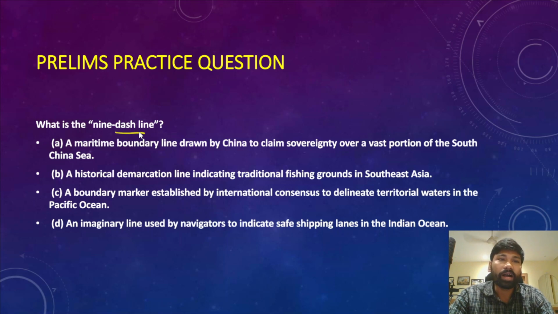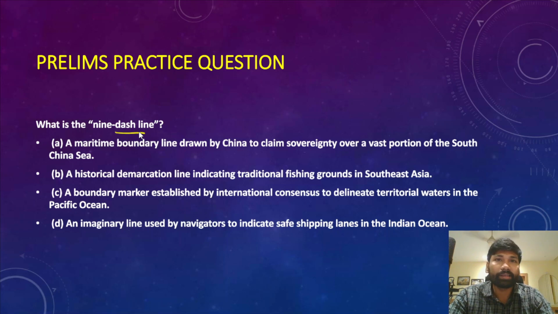Option C, a boundary marker established by international consensus to delineate territorial waters in the Pacific Ocean. And option D, an imaginary lane used by navigators to indicate safe shipping lanes in the Indian Ocean. Please answer this question in the comment section, and I'll be providing you the correct answer in tomorrow's class.